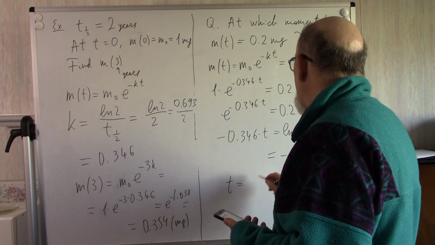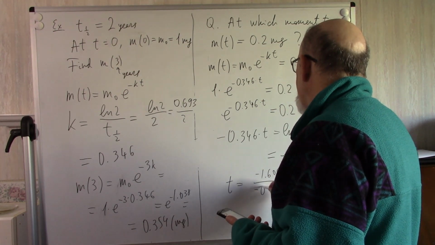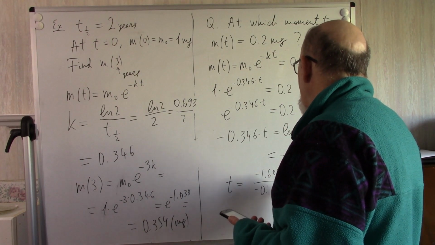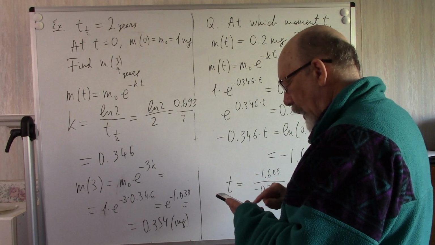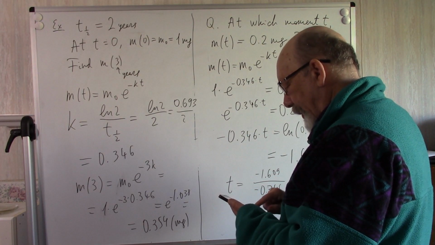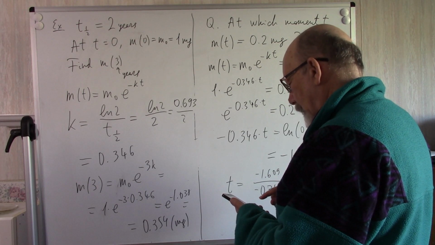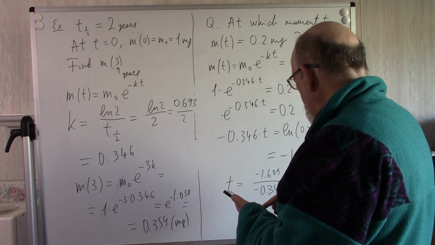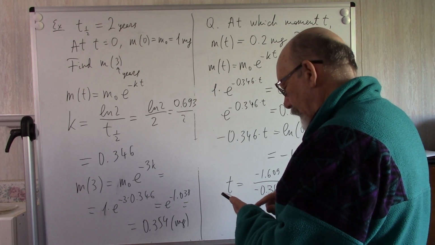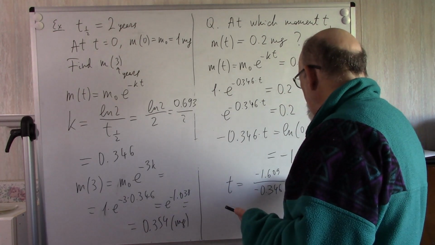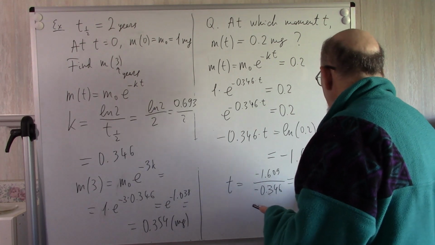So t equals minus 1.609 divided by minus 0.346. So 1.609 divided by 0.346 is approximately 4.65.